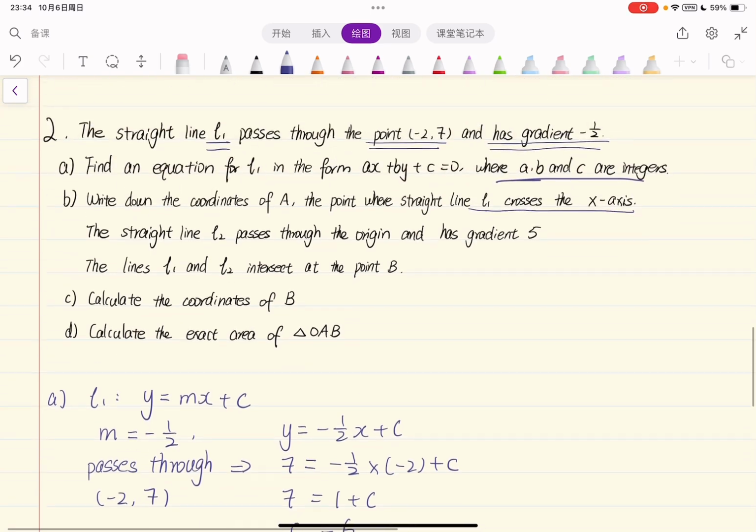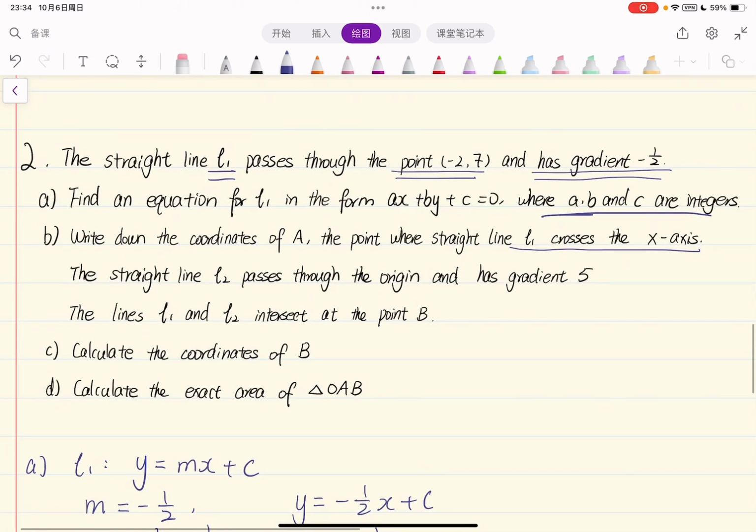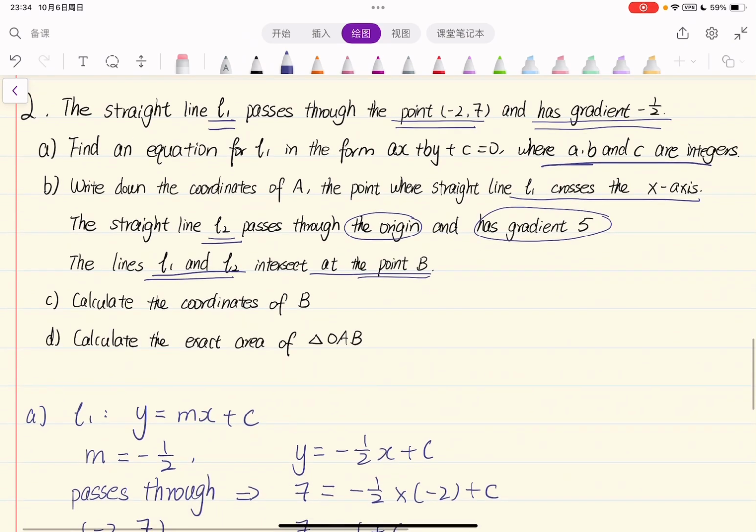Now let's see. There is a straight line L2 that passes through the origin and has gradient 5. The lines L1 and L2 intersect at the point B. So part C asks you to calculate the coordinates of B. Now we know that B is the intersection point of L1 and L2.